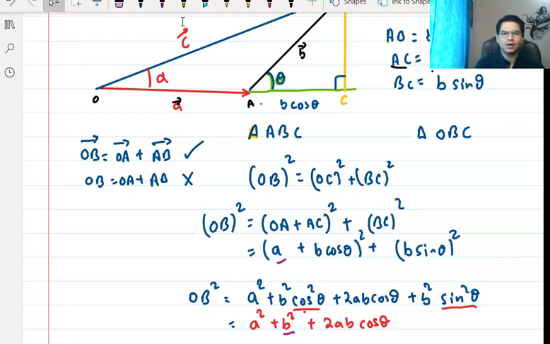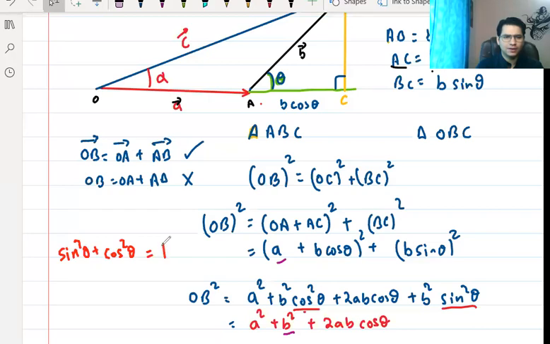Now we know a property. Sine square theta plus cos square theta is equal to what? Tell me, Adnan. Yes, very good, it is 1.